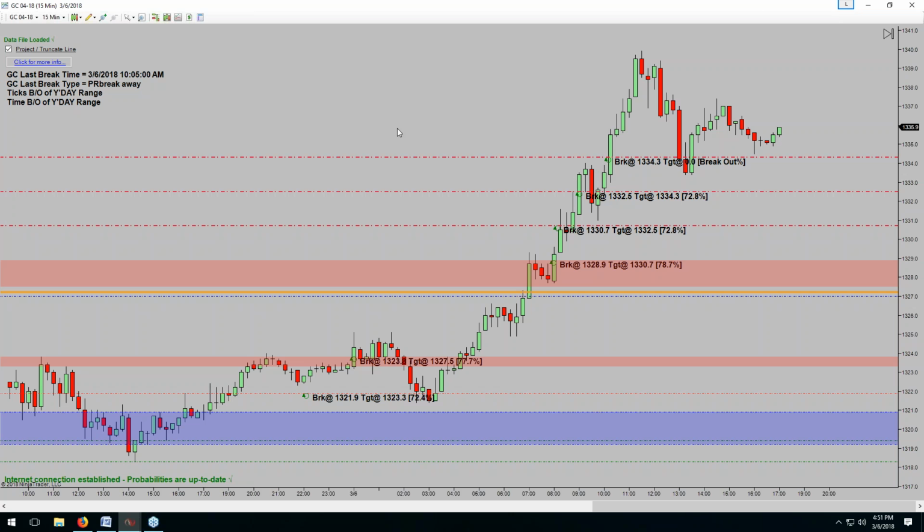But based on the type of trader that you are, let's say you're up at an area of resistance on one of these lines, and it breaks and you hit your target and it's holding.